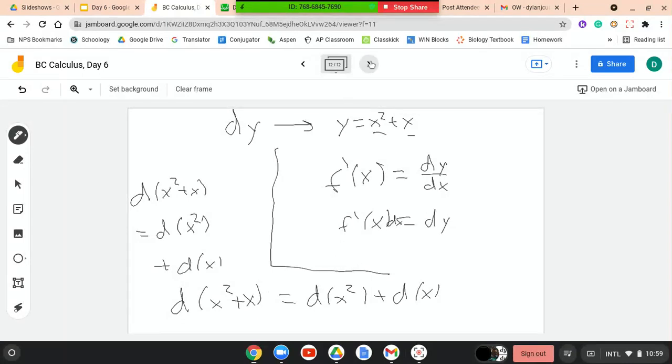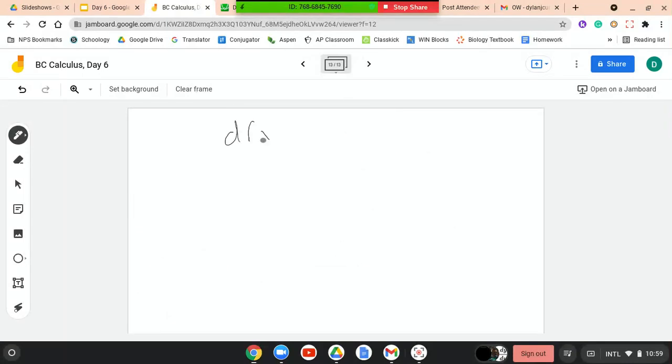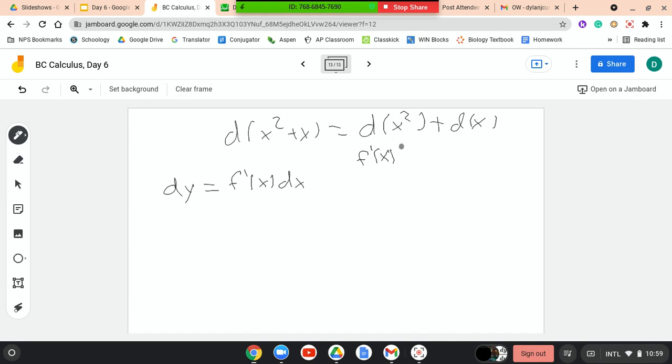So I could take this, and I'll bring it to the next slide. d(x squared plus x) equals d(x squared) plus dx, right? And because we said dy equals f prime of x times dx, I could write d(x squared) as f prime of x, the derivative of x squared, times dx.